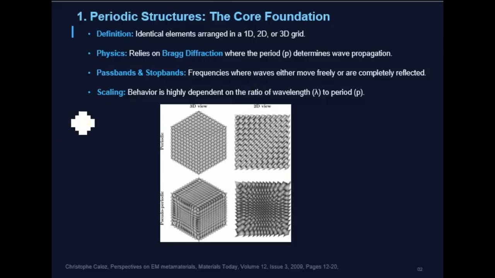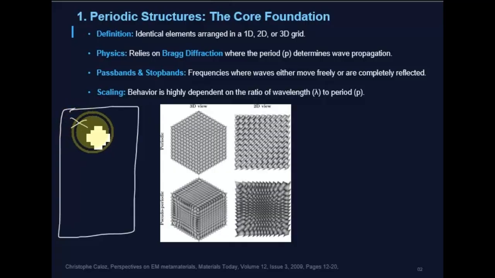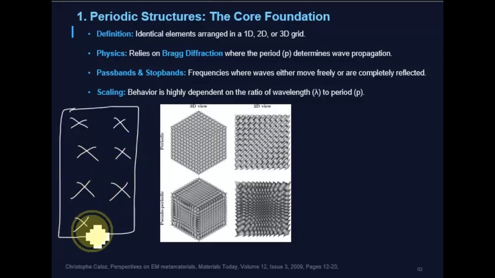In a periodic material, we have a substrate, and let us suppose we have some geometry on it. This geometrical structure is repeated, and we can divide it into multiple cells.